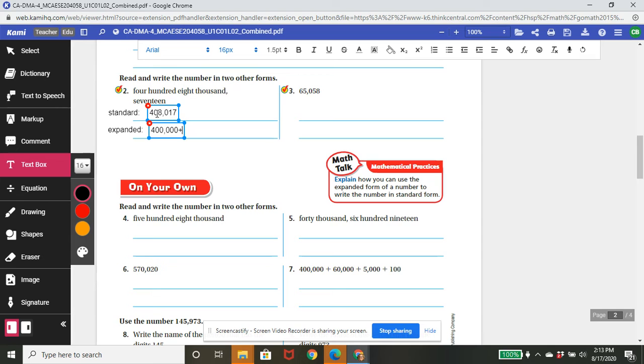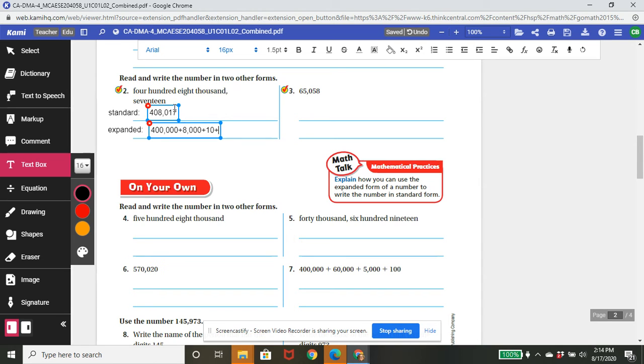My next piece has nothing, so I skip it. My next piece has an 8, and then 0, 0, 0. Don't forget the comma. 8, comma, 0, 0, 0. Plus sign. My next column has a 0. There's nothing there. I don't need to add it. The next column has a 1, and I'll turn the other digit into a 0. 1 and 0.